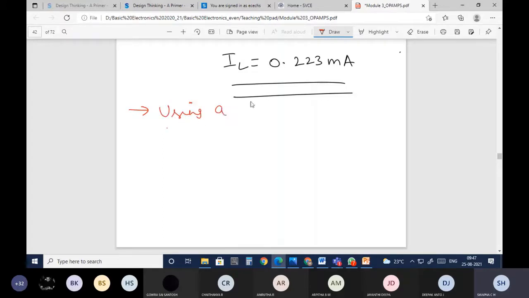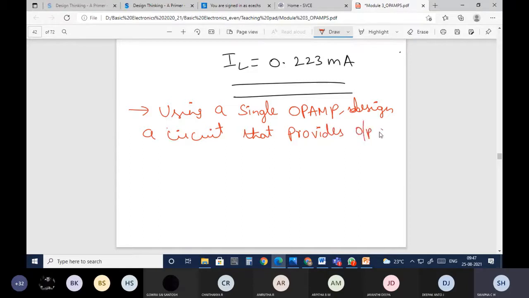Using a single op amp, design a circuit that provides output as V naught is equal to 0.5 V2 minus 10 V1.